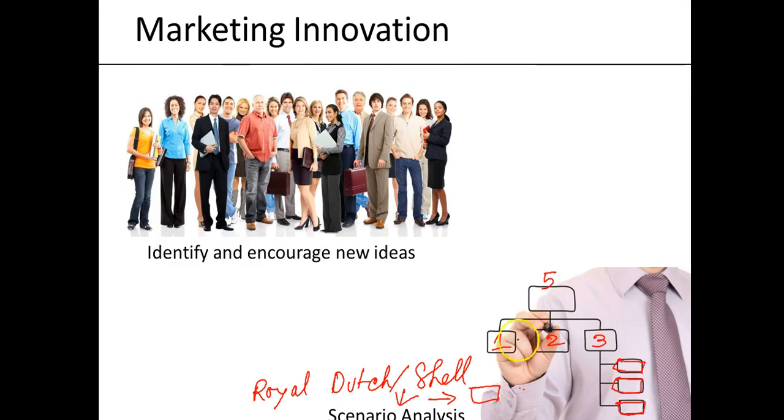By scenario analysis, they try to continuously keep track of the changes that can happen in the environment and the possible adjustments and innovations that are necessary to stay relevant in a changed environment. That's a routine, an innovation installed and embedded in the system of the organization.